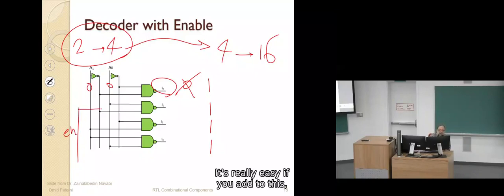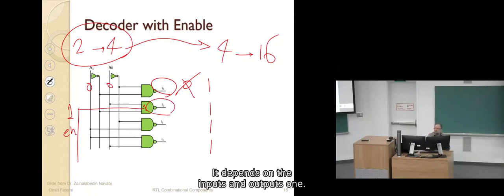If you AND this to this, let's say we put it in this AND. It's a NAND, a 3-input NAND. So if enable is 1, then this NAND works as before. It depends on the inputs.